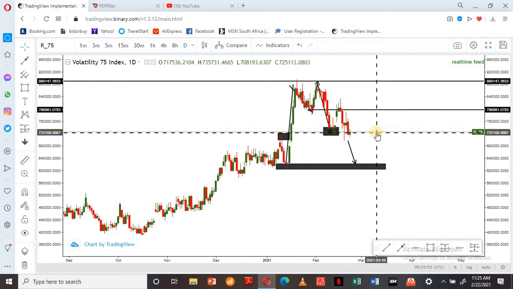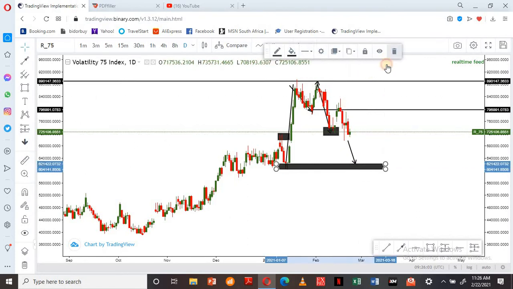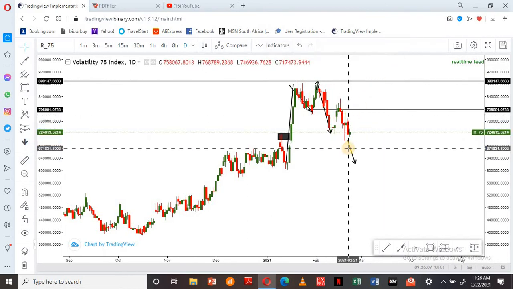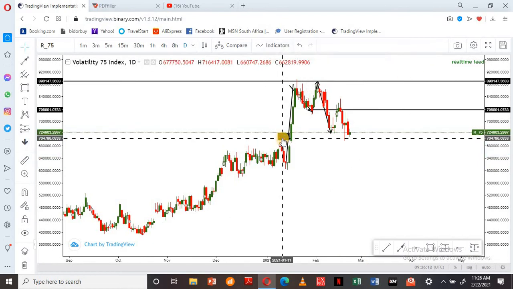So we can see that on the daily chart we are looking at a downtrend. With that being said, I hope I made it clear, not difficult. That's my goal, to make things simple.